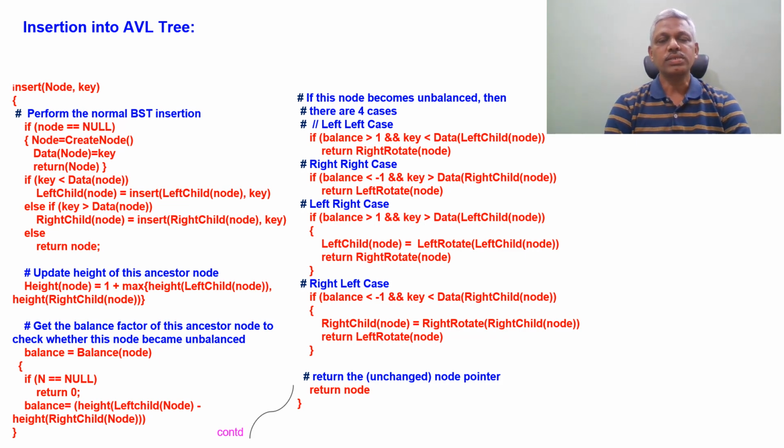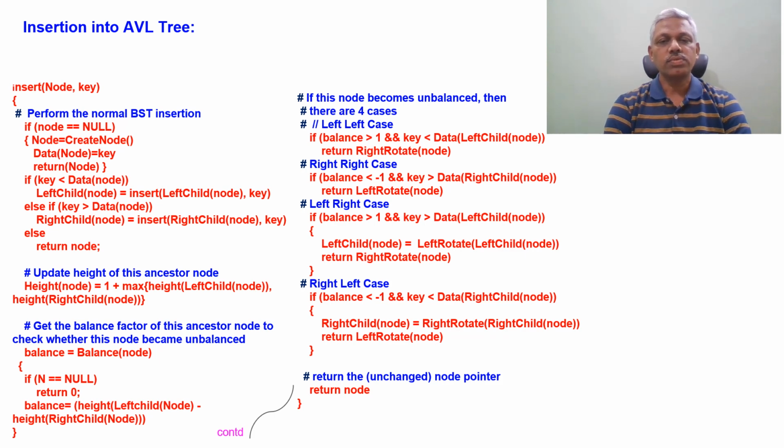Third case, if balance is greater than 1 and key is greater than data of left child of node, that means balance factor is +2 or more, and key is greater than data of left child of node means the key is added, the vertex is added on the right part of the left child of node, right? So this is again LR type.